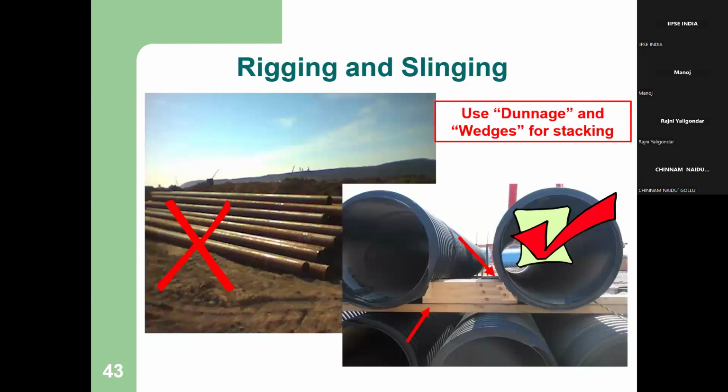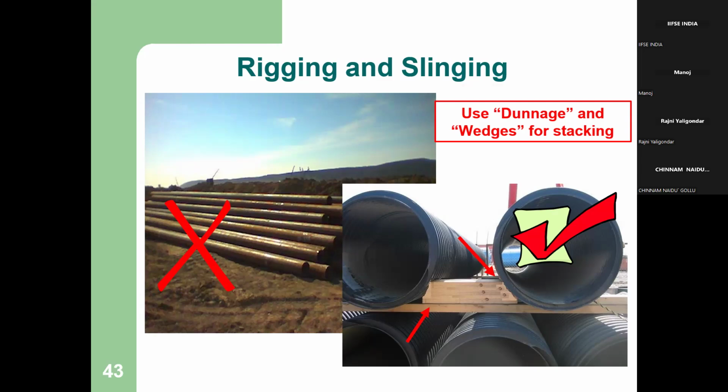So now here you can see the use of dunnage or wedges for stacking. Usually when we carry pipes, most of the trucks just put one pipe over the other and tie a sling across it. That sling again has a capacity of maybe 5 or 7 tons. Usually they go for 5 ton capacity.